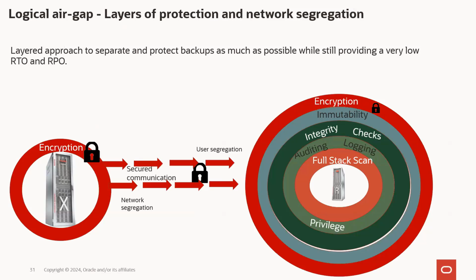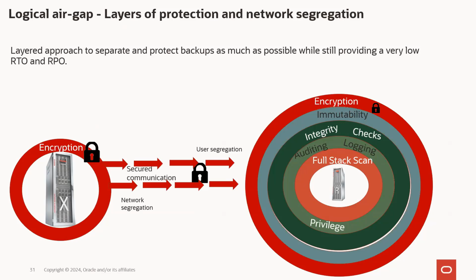And then I talked about a logical air gap. And like I said, it's layers of protection and network segregation to give you as much protection as you can possibly do while still providing a very low RTO and RPO.